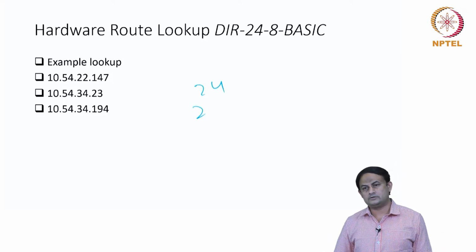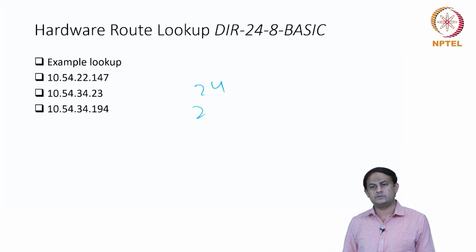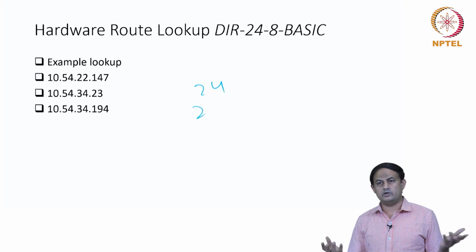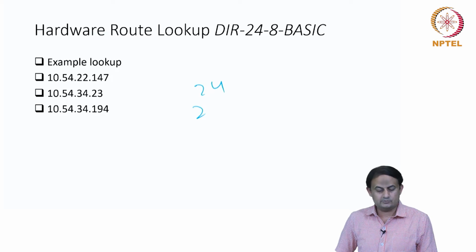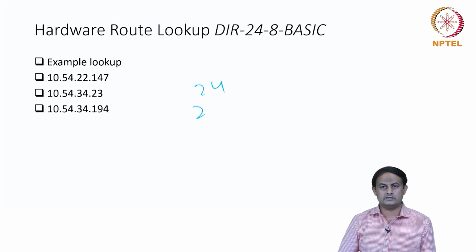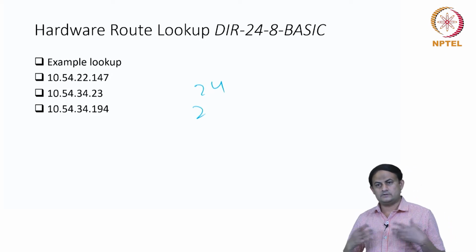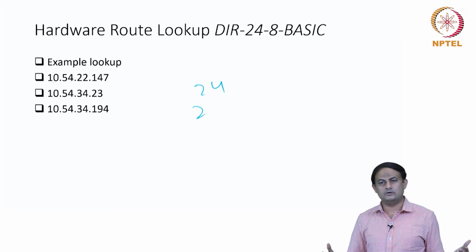And also, if you go to IP version 6, then surely this 24-bit table will not work. It works only for the IP version 4 address. So that's why this is not used in practice, but nevertheless, this is the first attempt which was made to construct the route lookup operation inside the hardware.